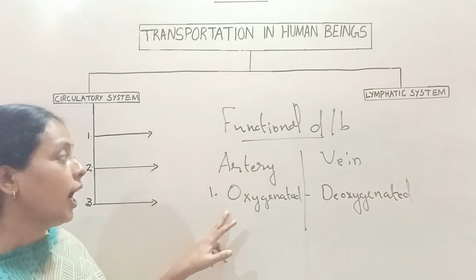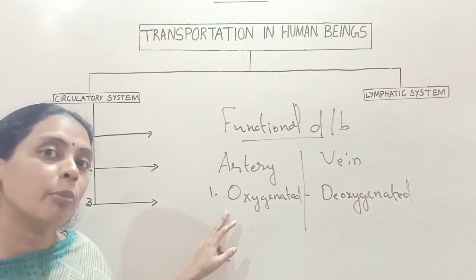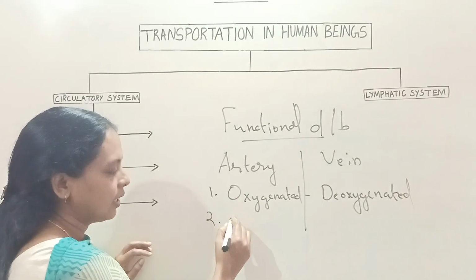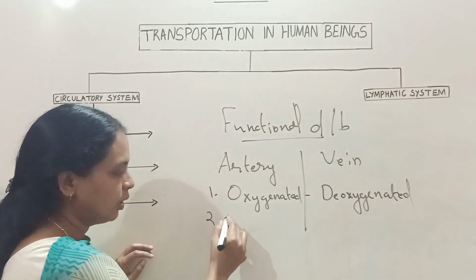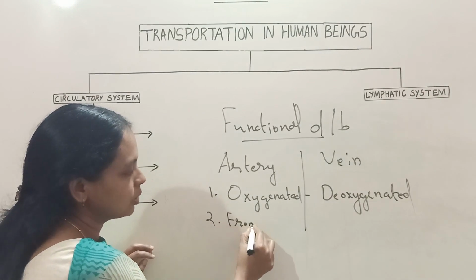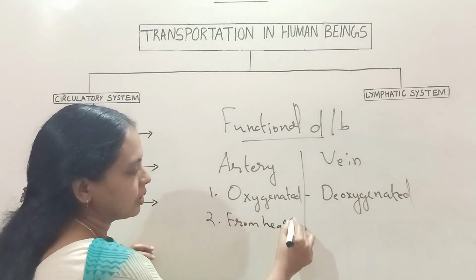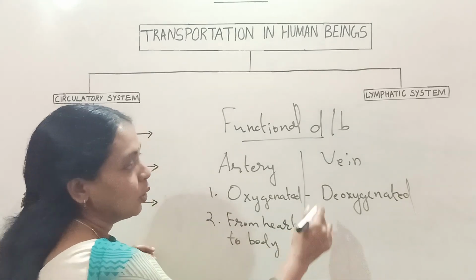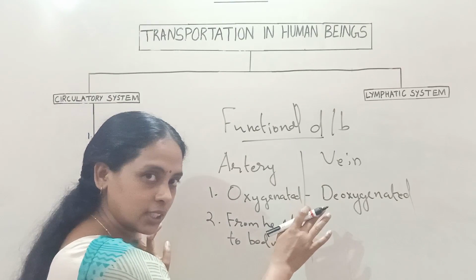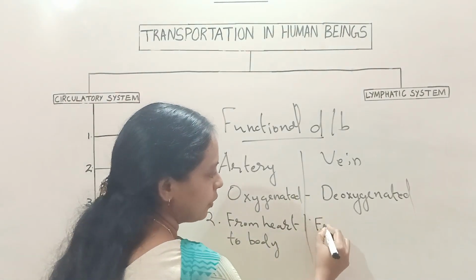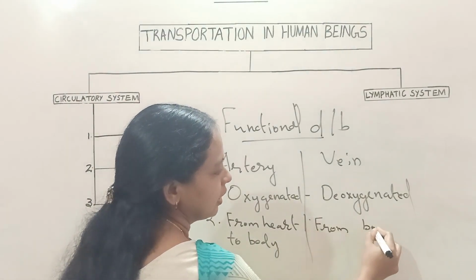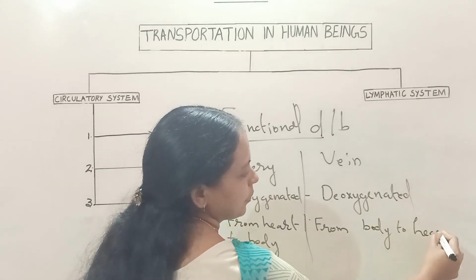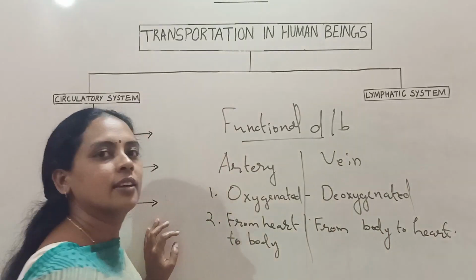Then artery carries blood from the heart towards different body parts, heart to body, whereas vein collects deoxygenated blood from the body towards the heart.